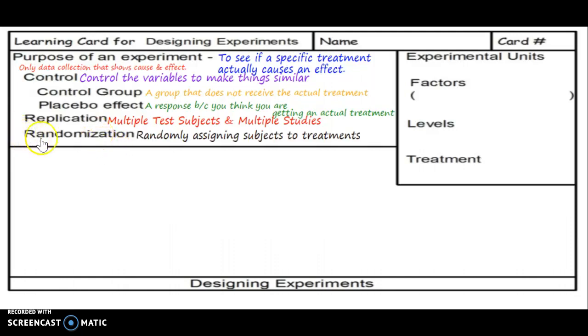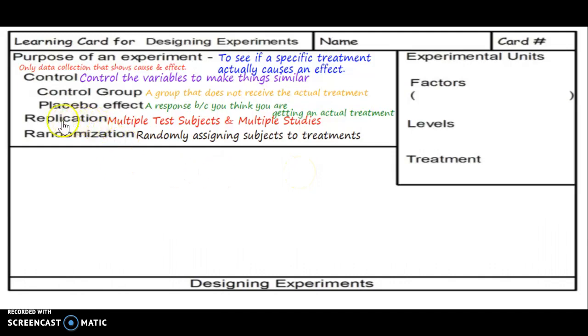Then the last characteristic of a well-designed experiment is randomization. What we mean by that is that we are going to randomly assign subjects to treatments or treatment groups. When we are running a survey, you are randomly choosing the people for your survey. But when you randomize within an experiment, you are randomly assigning your test subjects to the different treatment groups. You do not randomly choose the test subjects.